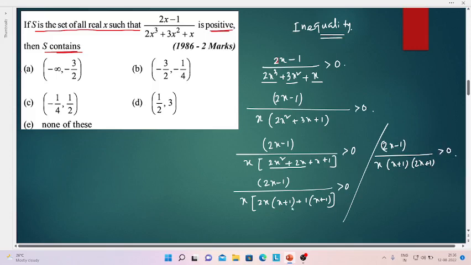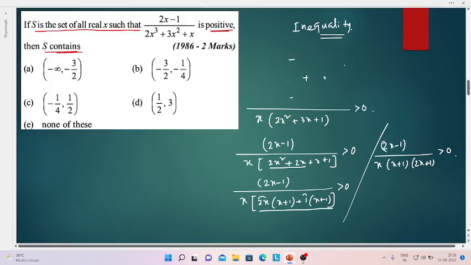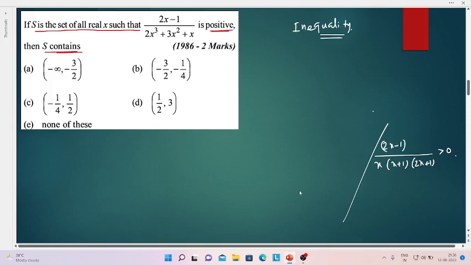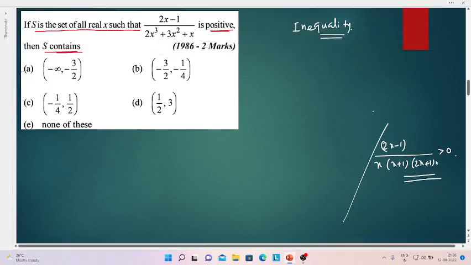Greater than 0. I'm just taking common x plus 1 from these two relations. So we will have 2x plus 1, right? So let me erase all this part so that we can solve this particular thing, right? Okay. So we have that relation, right?